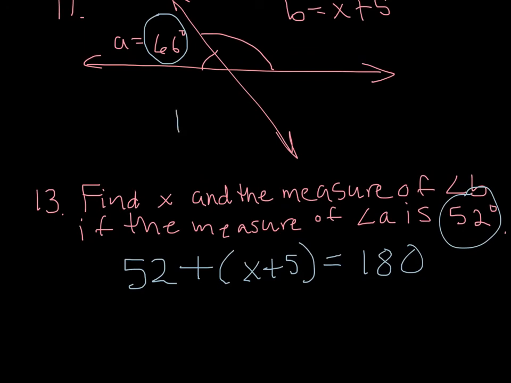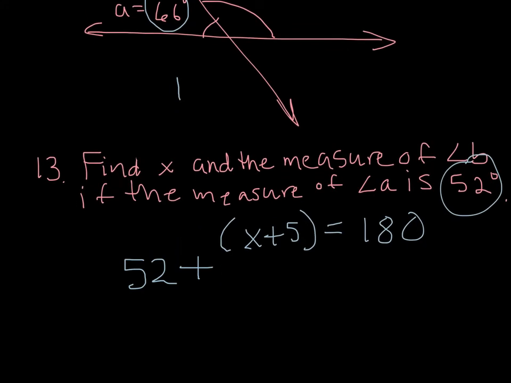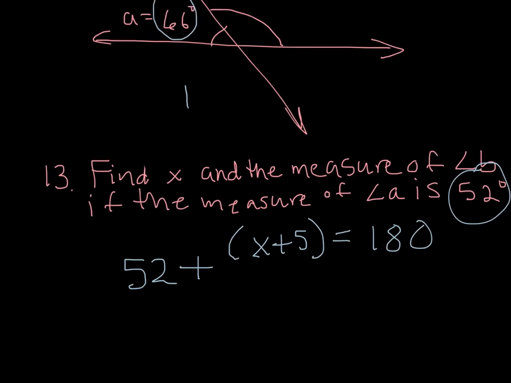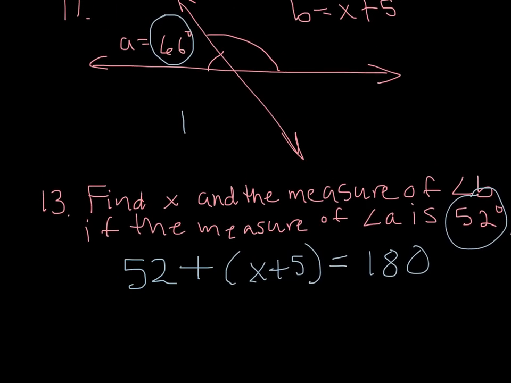So let's solve it. We're going to first combine 52 and 5 together, right? 52 and 5 equals 57, so 57 plus x equals 180.